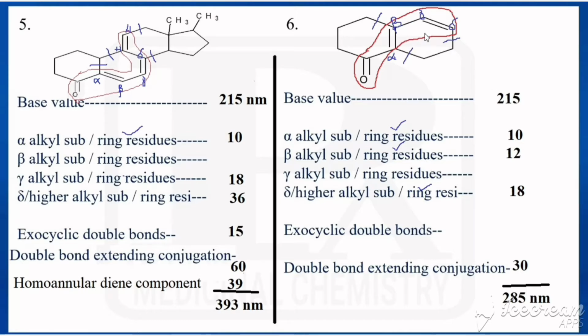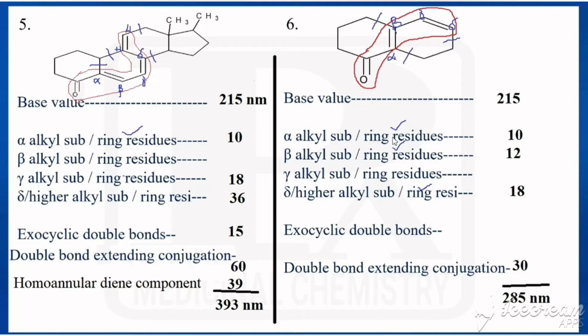Now we have to find the ring residues. So this is one ring residue, this is one ring residue, this is one ring residue. So how many ring residues are there? One alpha ring residue, one beta ring residue, one delta ring residue, because this is alpha, this carbon is beta, this is gamma, this is delta. So this is one alpha ring residue, one beta ring residue, one delta ring residue.